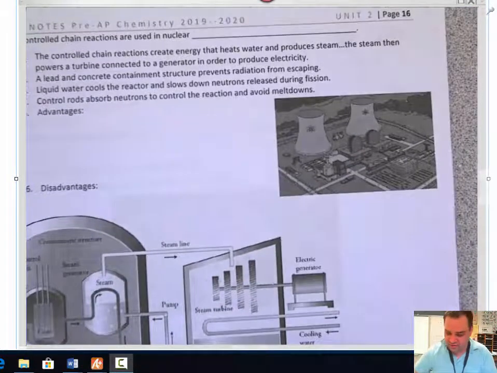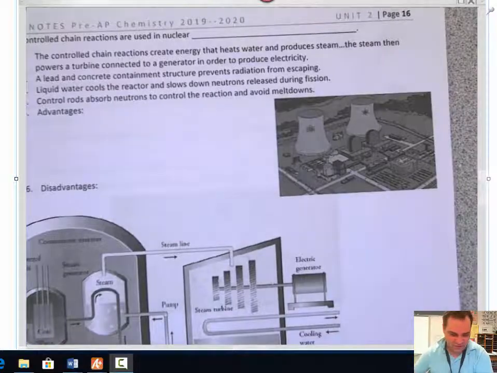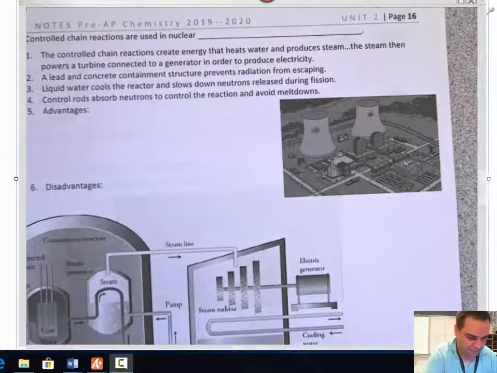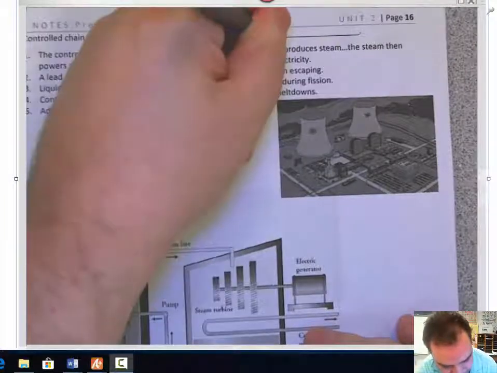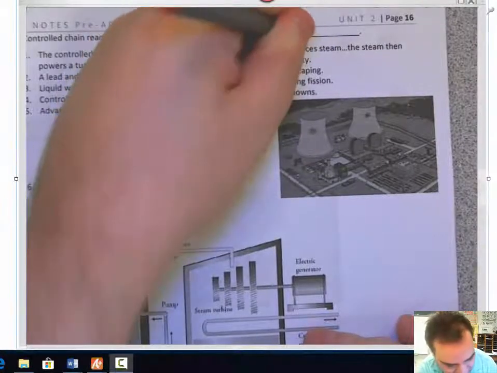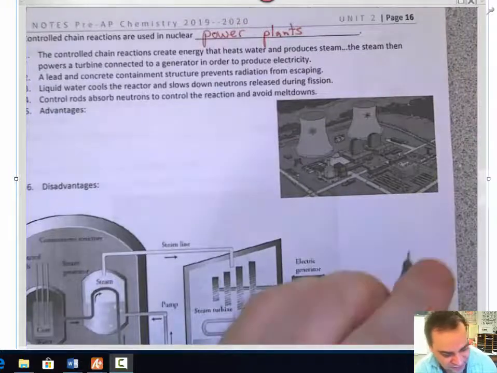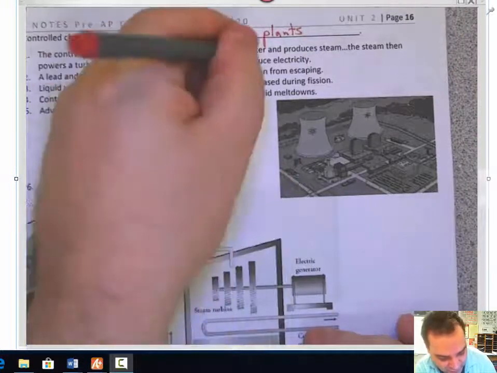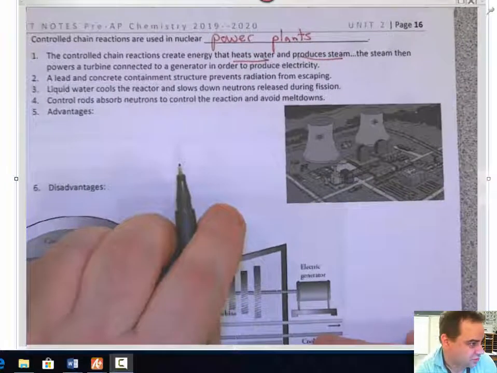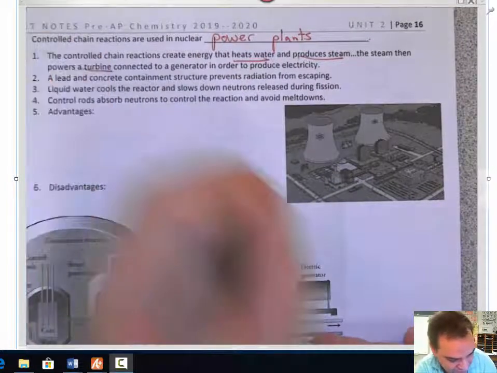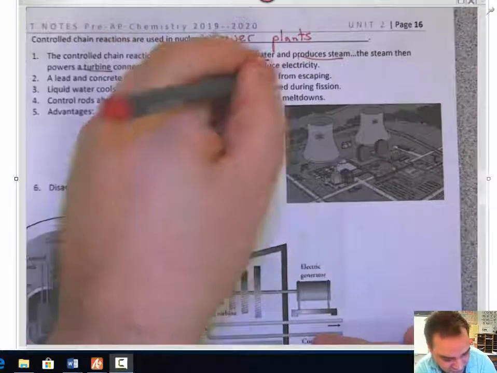Okay, controlled chain reactions for fission are used in nuclear power plants. They can create energy through heating water and producing steam. The steam then turns the turbine here, connected to a generator, and produces electricity.